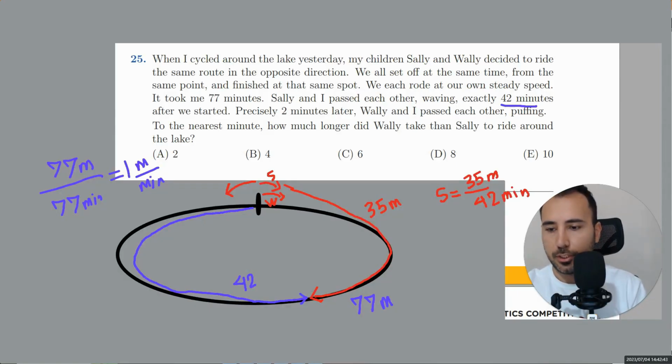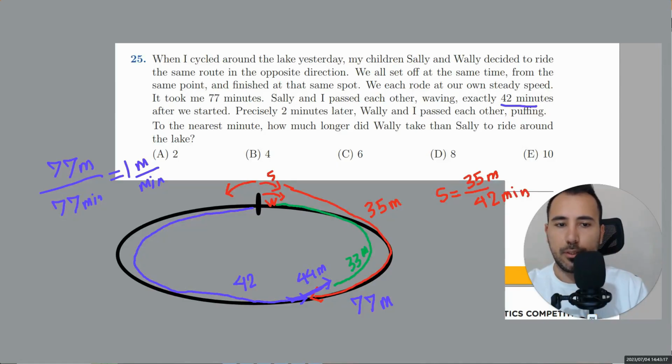Now we also have W. For W, I change. So the mother will go 2 more meters, so it would become 44 meters. Two more minutes, 2 more meters. And then here, W will go all the way here. So it would be 33 meters.